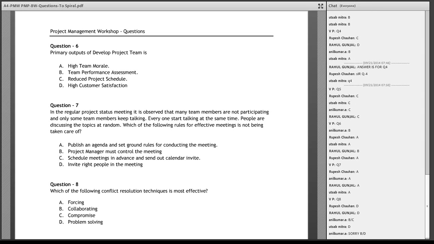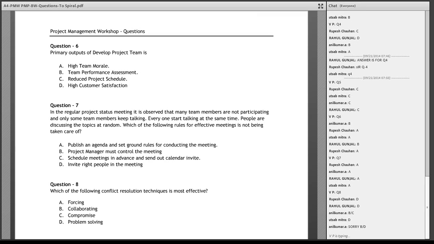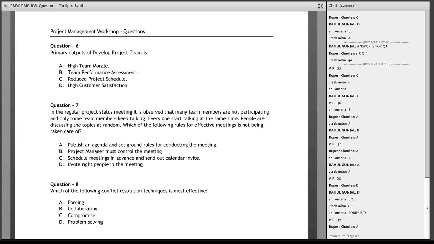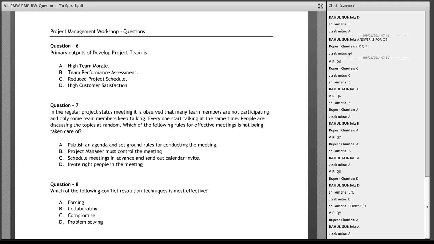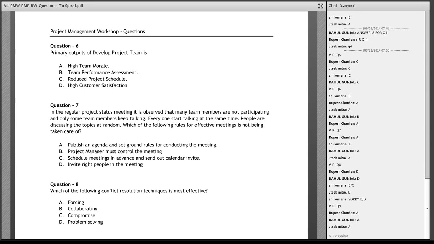So D is also right, B is also right, B and D is also right.